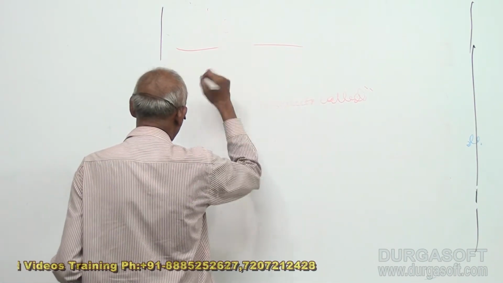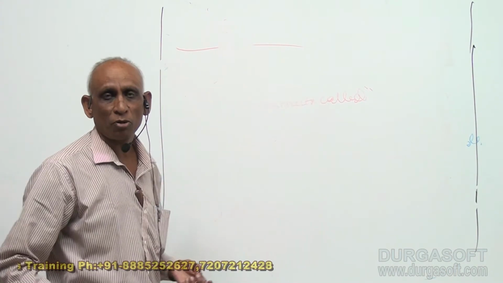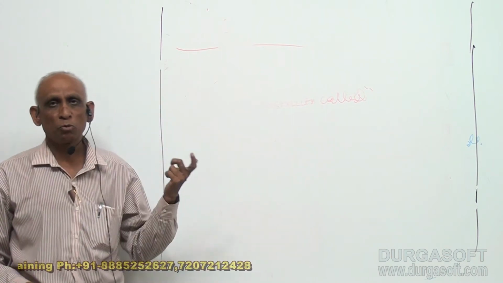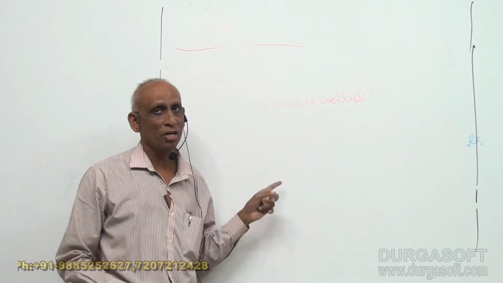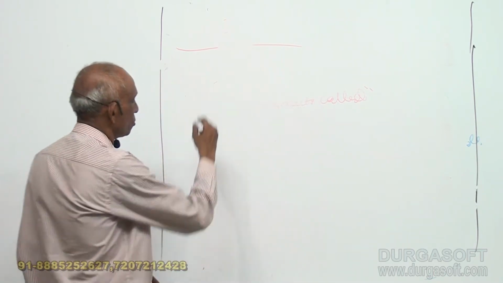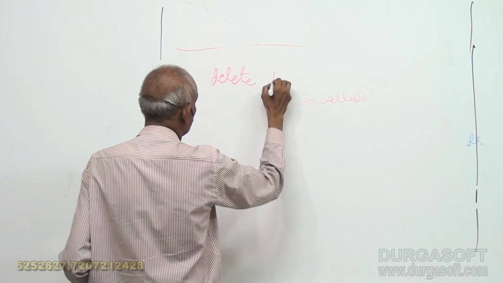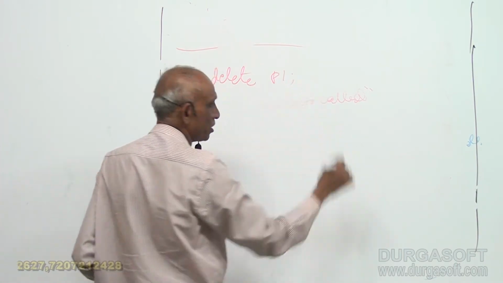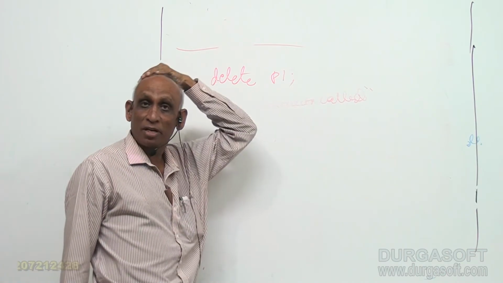What are we doing in the main program? There are 2 pointers P1, P2. P1 allocates 1 object, P2 allocates 3 objects. So when we say delete P1, 1 object is deleted. When it is deleted, the destructor is automatically invoked.